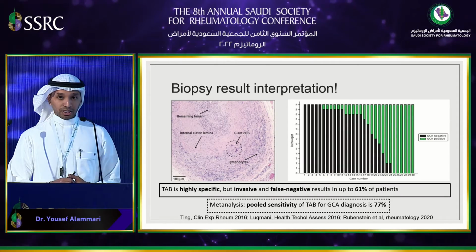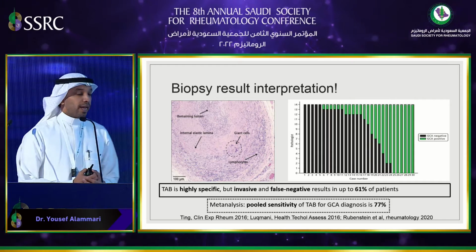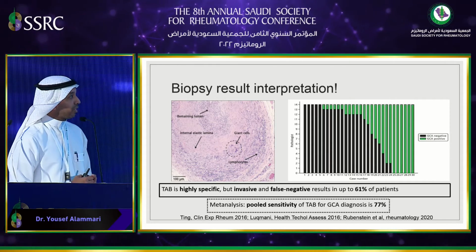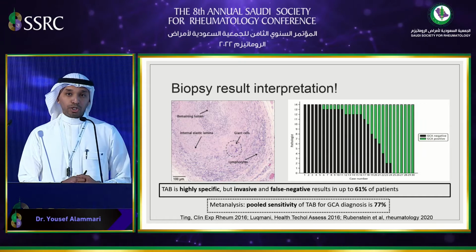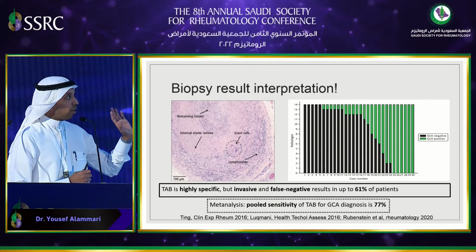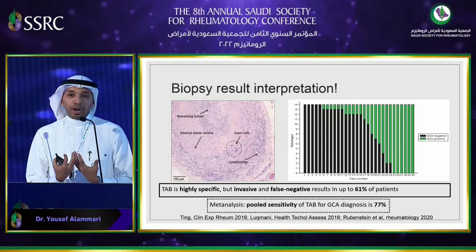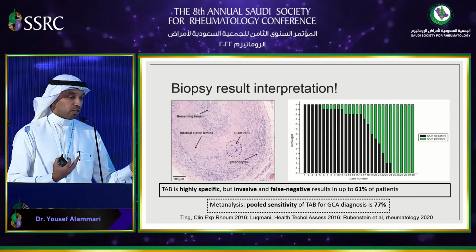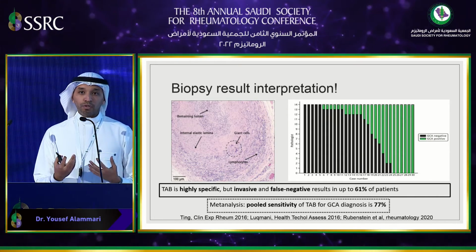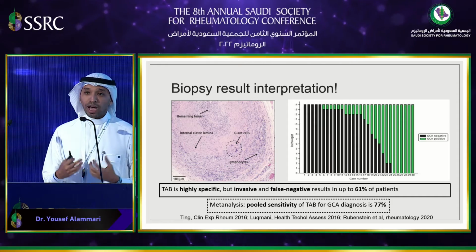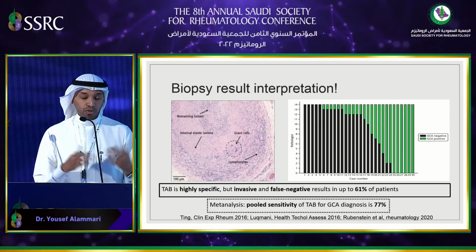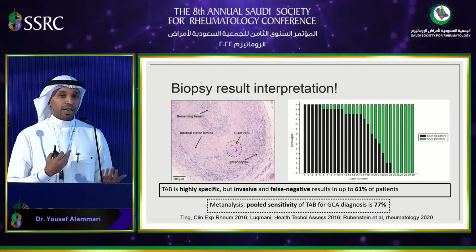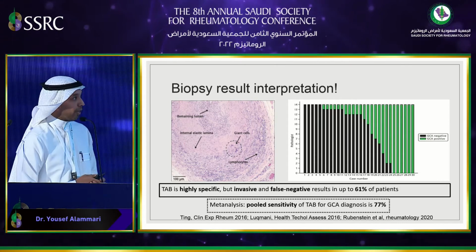So definitely this biopsy needs to be interpreted. Although the biopsy is highly specific, it's invasive and has false negatives up to 61%. And not all the features or findings might be present in the biopsy, such as the giant cells or lymphocytes. Also, those patients who have atherosclerosis might have features of large vessel vasculitis or giant cell arteritis, such as adventitial and periadventitial inflammation.